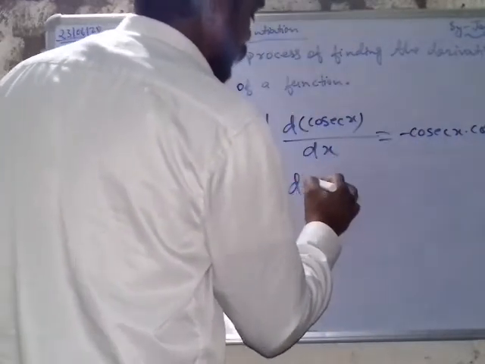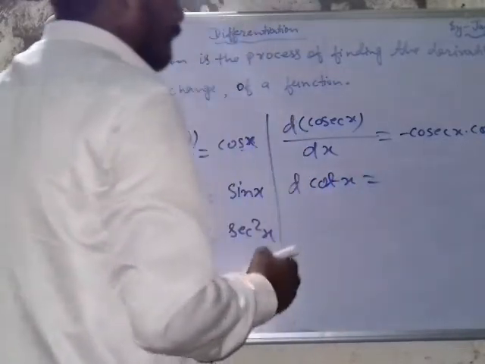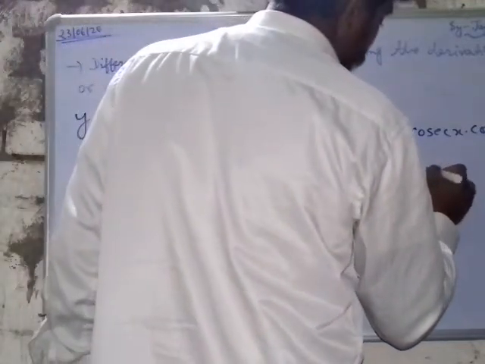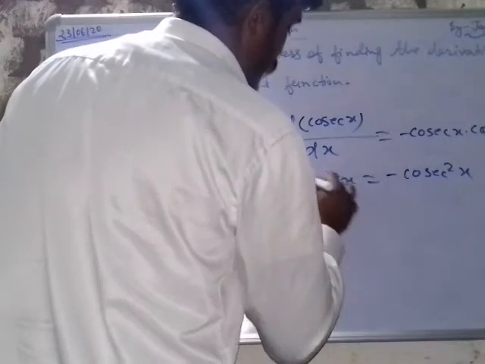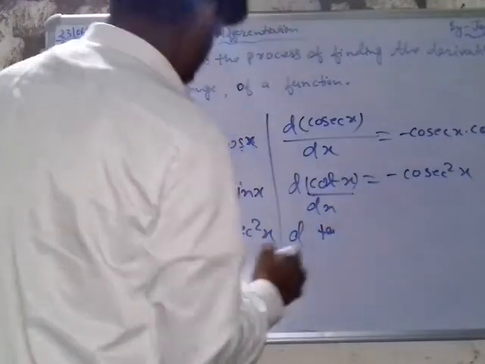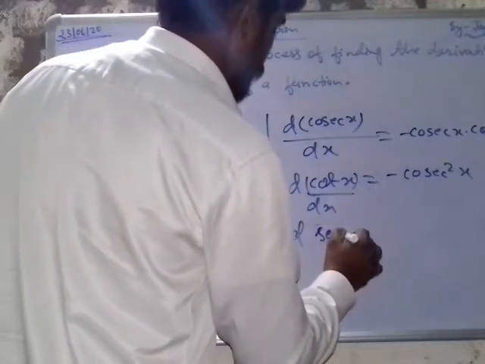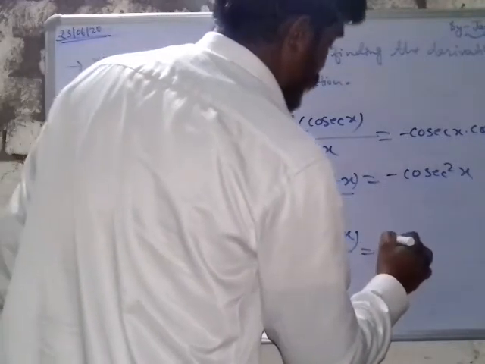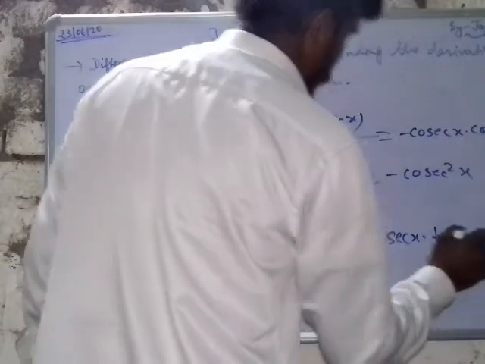The differentiation of cot x equals minus cosec square x. The differentiation of sec x equals sec x into tan x.